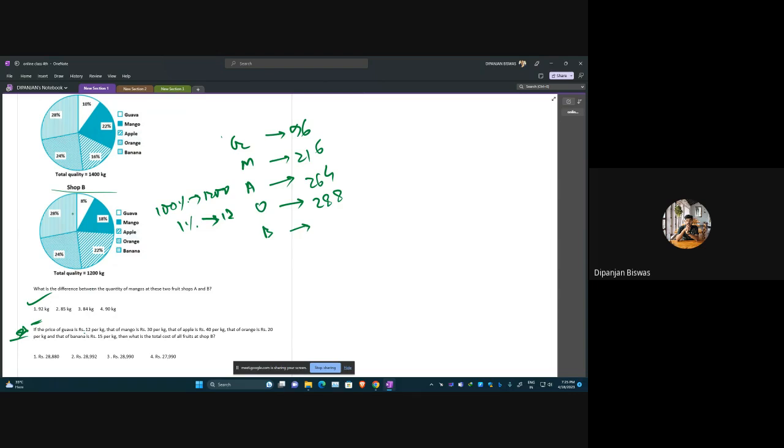And 28 into 12, that is 336. Now you have to multiply guava with 12, mango with 30, apple with 40, orange with 20, and banana with 15. So this will be a very calculative question.